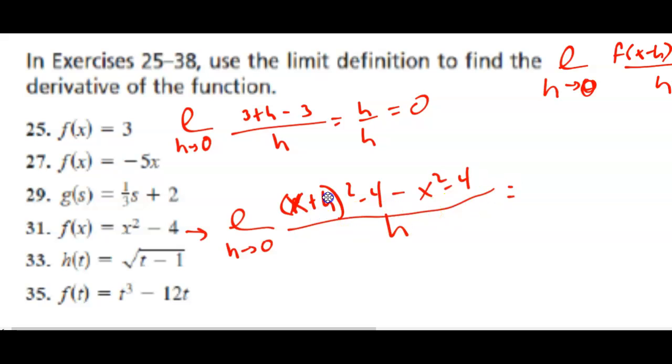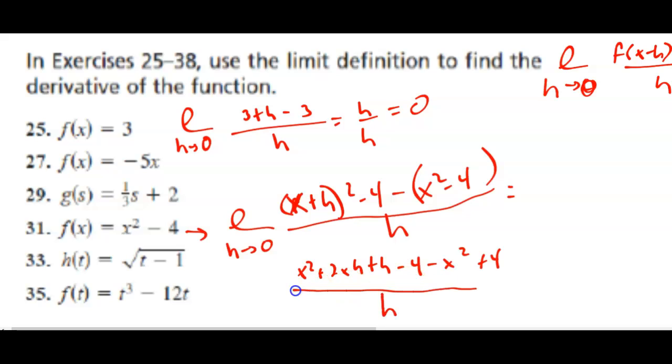So you got to expand this. X squared plus 2xh plus h minus 4 minus x squared. Oh wait, did I do that? Nope, I did not do that. So it's going to be minus x squared plus 4. So then we reduce x squared minus x squared, negative 4 and 4.